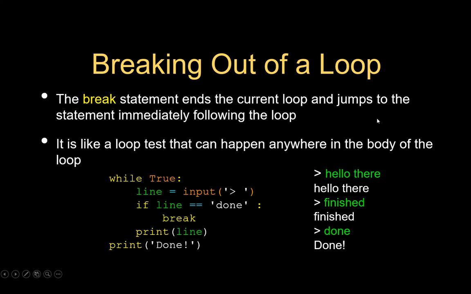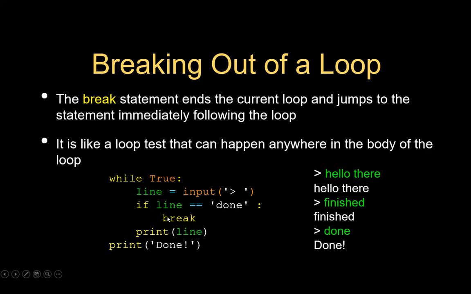Now we're going to talk about how we can get out of a loop. One of the reserved words in Python is break. Let's say our statement is while true, which means this loop is always going to run, unless we use a break command, which is here.